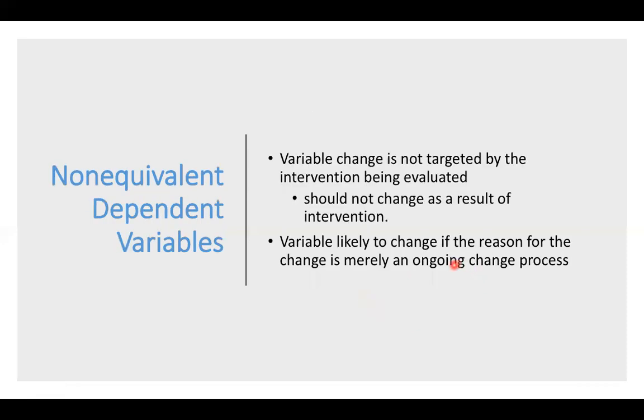The non-equivalent dependent variable is, for me, one of the most problematic approaches to controlling for selectivity biases, even though it's been used a couple of times. I'll give you an example that nails it.